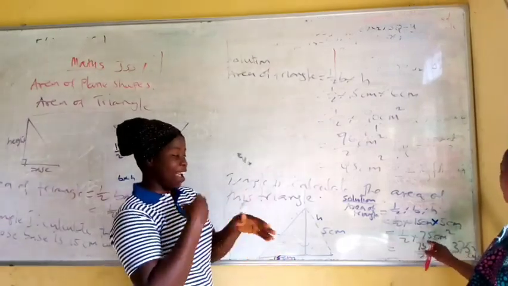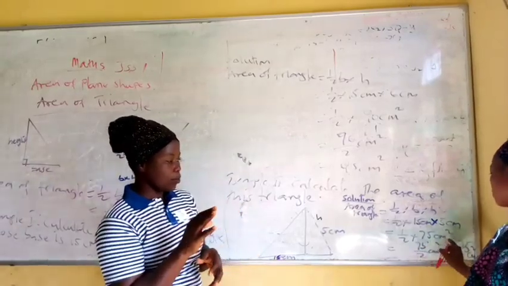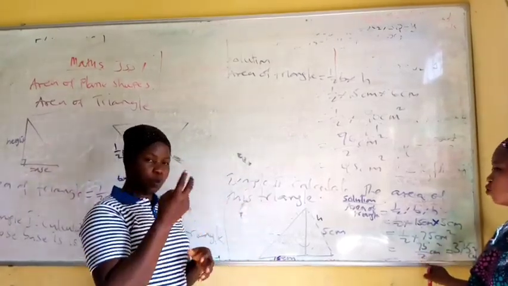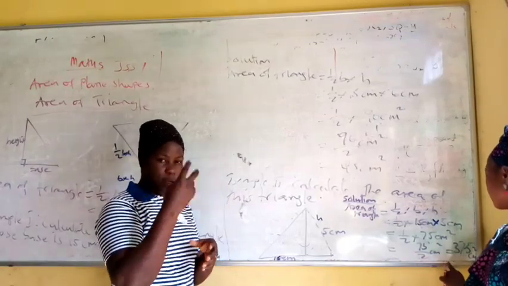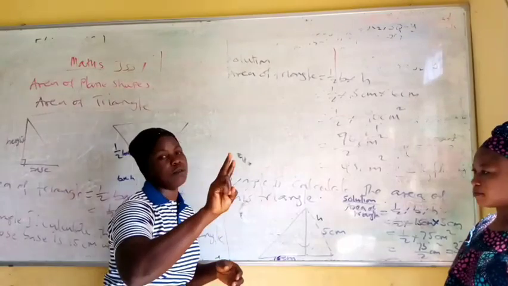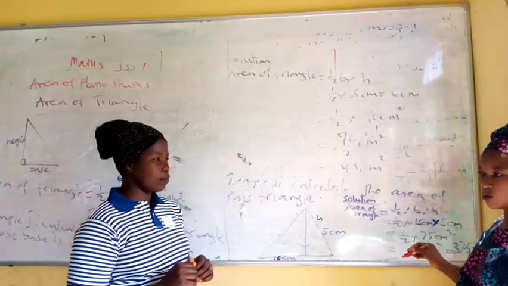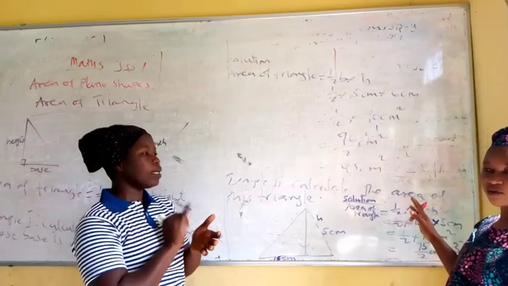Half times 75 centimeter square, it will now be 75 centimeter square divided by 2, gives me 37.5 centimeter square. 37.5 centimeter square.